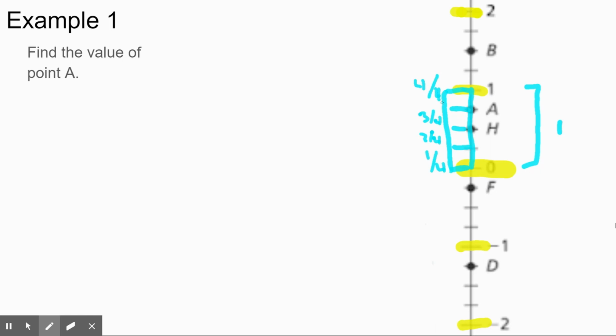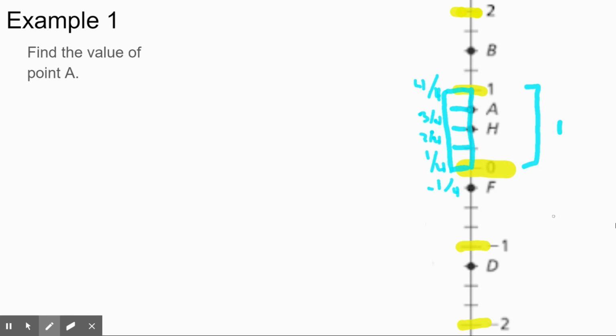We can do the same thing in the negative direction. This would be -1/4, -2/4, -3/4, and then we get down here to -1. So the scale might be different depending on what kind of number line you're looking at. Sometimes it's not going to be broken up into fourths, and other times it's going to be exactly like this.